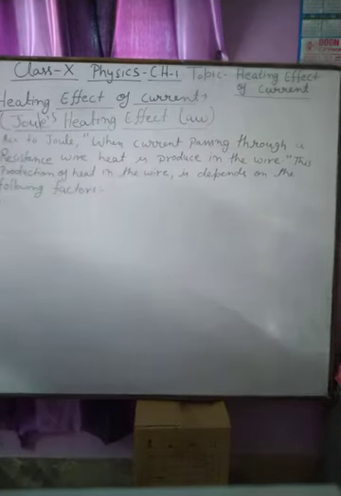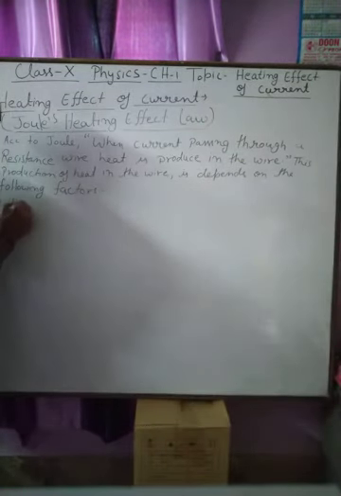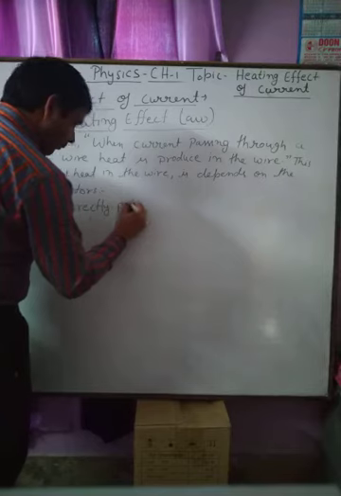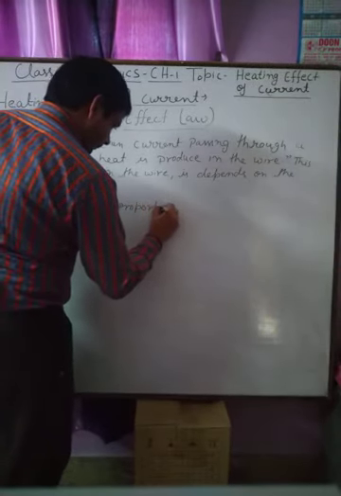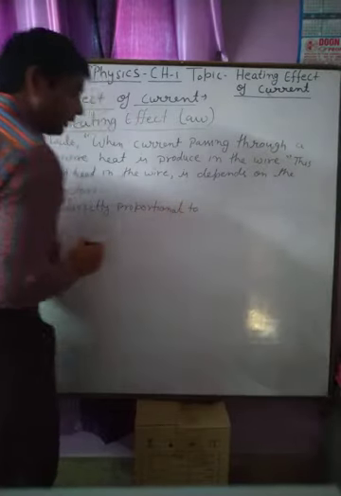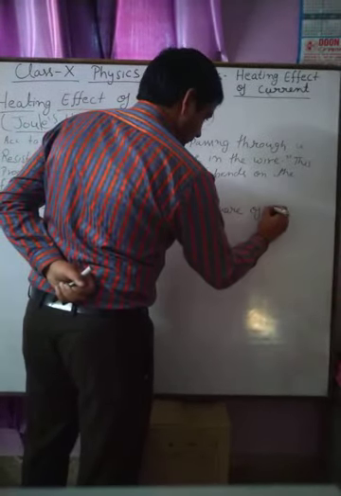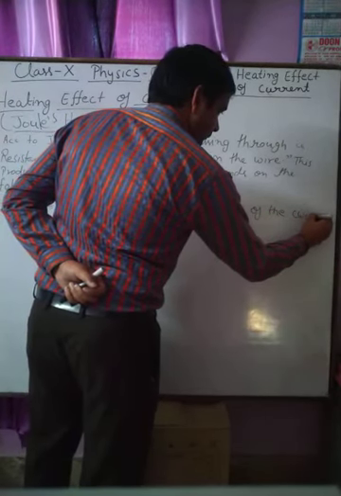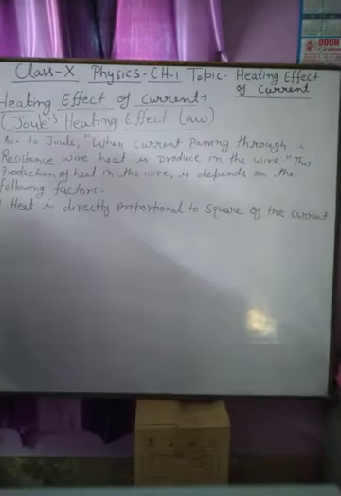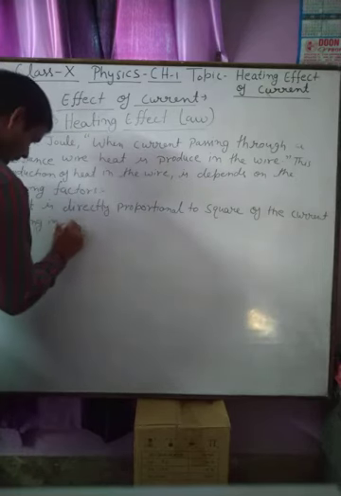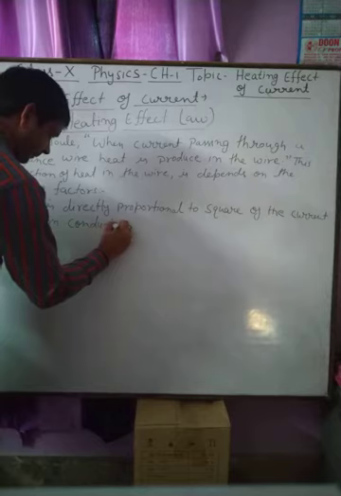First, heat is directly proportional to the square of the current flowing in the conductor or wire.